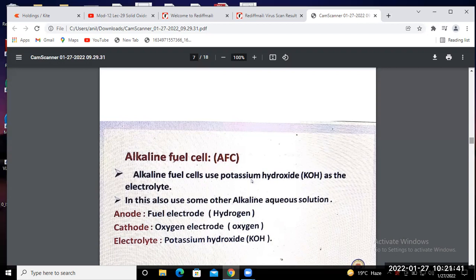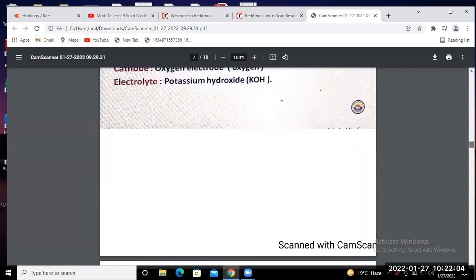The cathode and anode are separated by the electrolyte. For the electrolyte we use potassium hydroxide, KOH, at the cathode we use oxygen, and at the anode we use hydrogen.